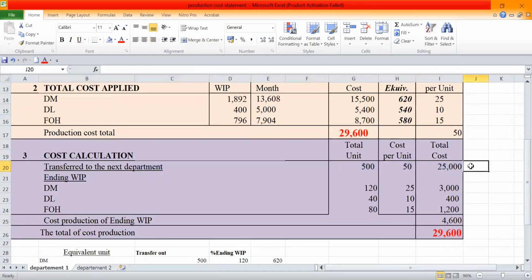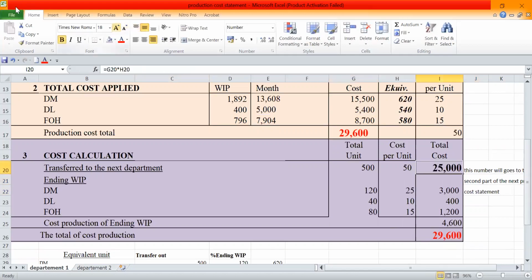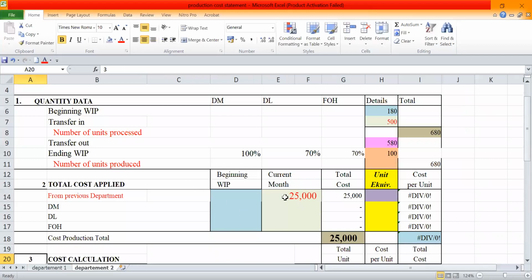So this number will go to the second part of the next production cost statement. Okay, so this number, 25,000, will enter this part, the current month cost from the previous department.